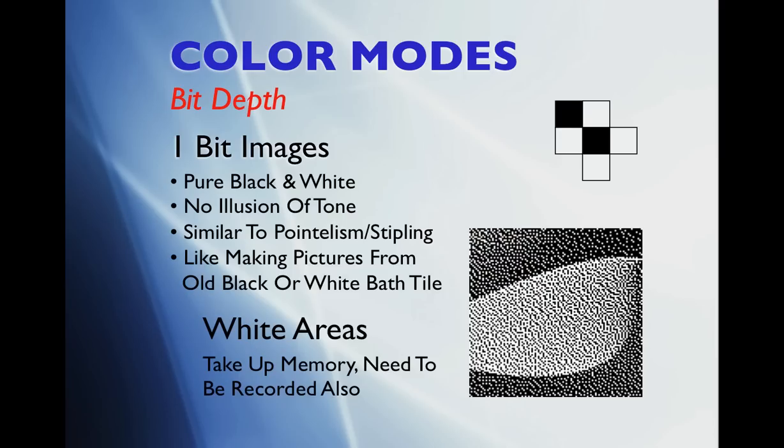Okay? One of the nice things about a 1-bit image or bit-mapped mode image like this, it's great for if you're scanning a signature that you want to put in a brochure or something of that nature, because when you take images out of Photoshop, for the most part, the white areas, even if you make them transparent in Photoshop, become white opaque areas outside of Photoshop if you put that graphic in Illustrator or place it in a document in InDesign.